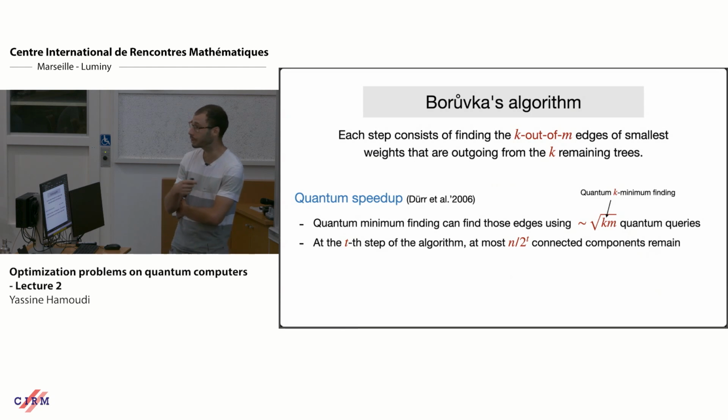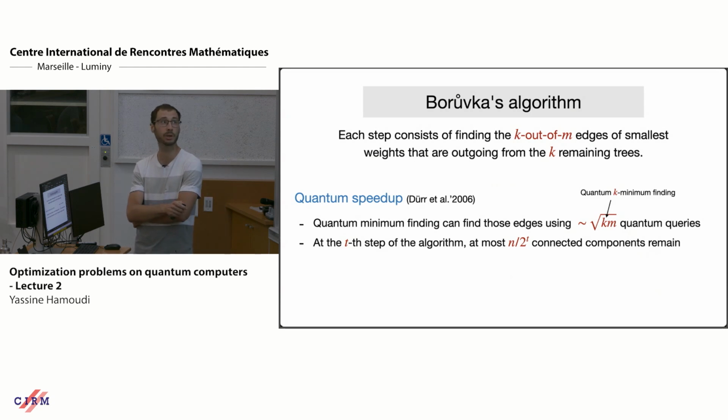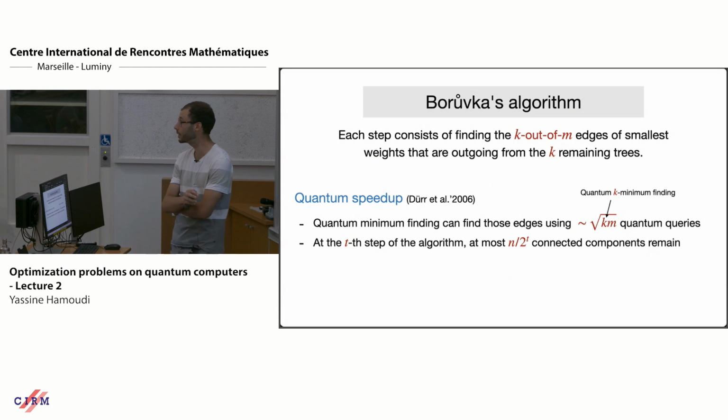There is a nice property, which I'm not going to detail in the talk: when you want to solve k instances in parallel, you can do it in root k times n quantum queries, which is better than a naive k times root n repetition. So when you want to solve the problem in parallel, there is even a speedup with respect to how many parallel instances you want to solve.